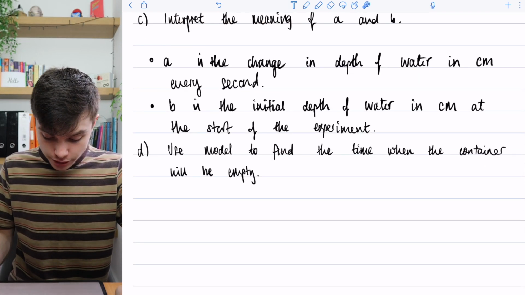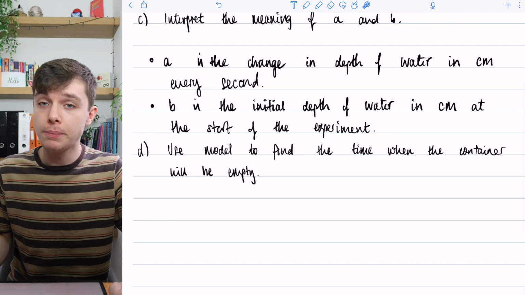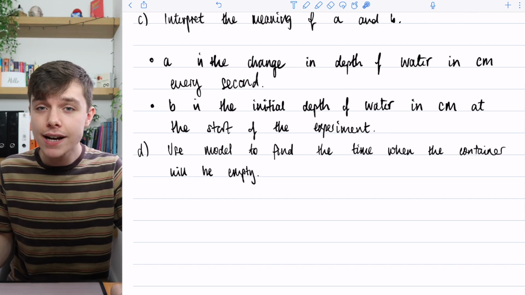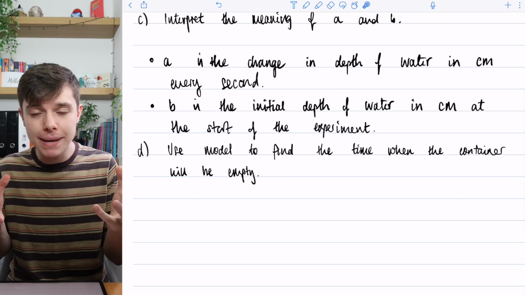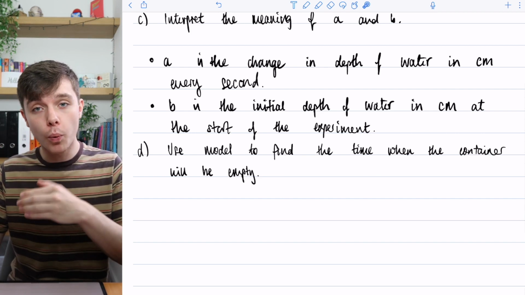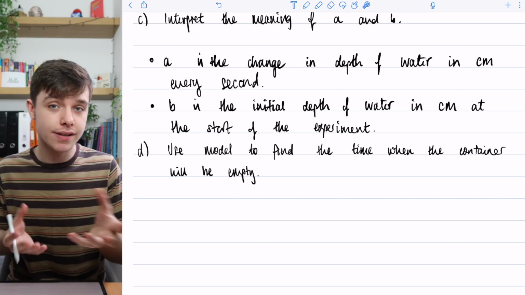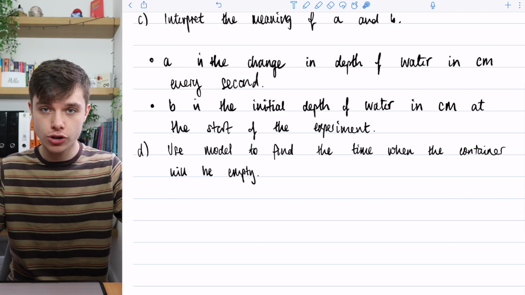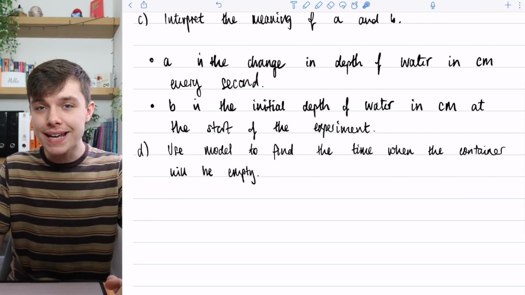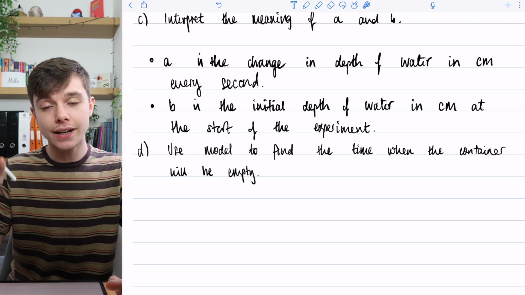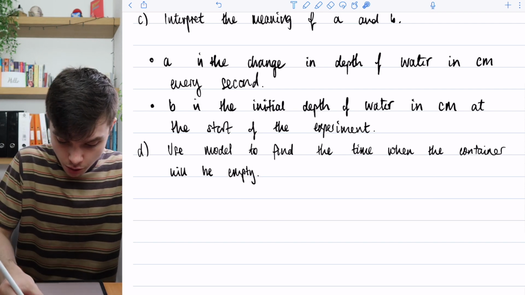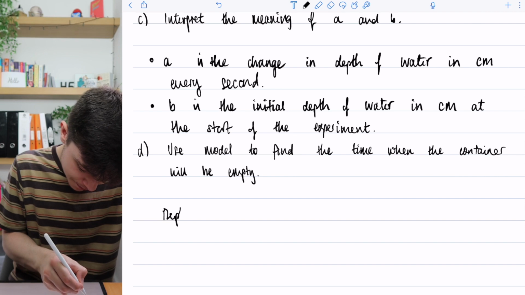Part D says use the model to find the time when the container will be empty. When the container will be empty, think about what that means. That means there'll be no water in the container. The container's empty, so all the water has come out of the hole. So that means the depth of the water in the container must be 0. So we can write that here.